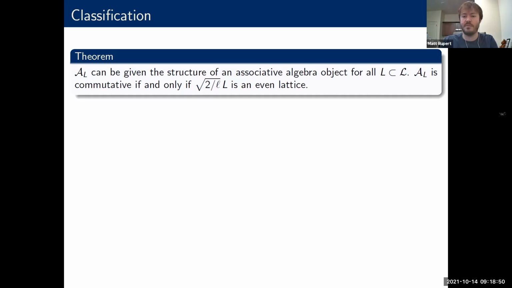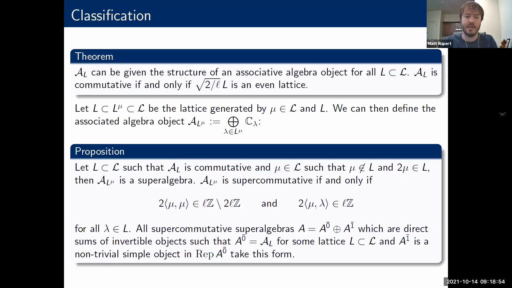We don't need to consider just commutative algebra objects. We can consider supercommutative superalgebra objects as well. So if you have some lattice L, you can consider the lattice generated jointly by L and some other element mu in the lattice, and define the associated object as, again, the direct sum of the invertible objects in this lattice.